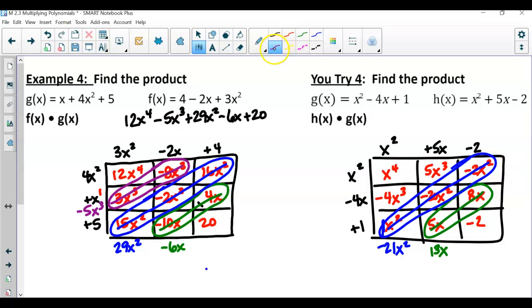Then we have our x cubed. That is 5 minus 4, which is 1. So just x cubed. Final answer, you have x to the 4th plus x cubed minus 21x squared plus 13x minus 2.